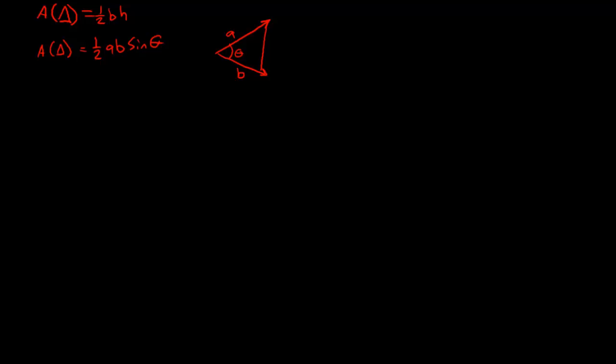So let me step back here and let's draw that out and see what it looks like. So if we have a triangle, I'm drawing another one. This one we're going to orient properly. So we have this triangle, and we want to know its area.